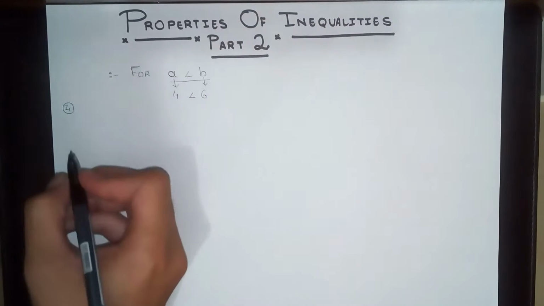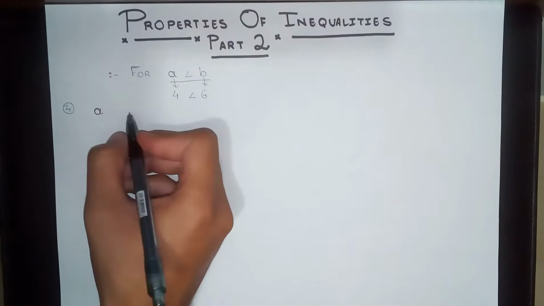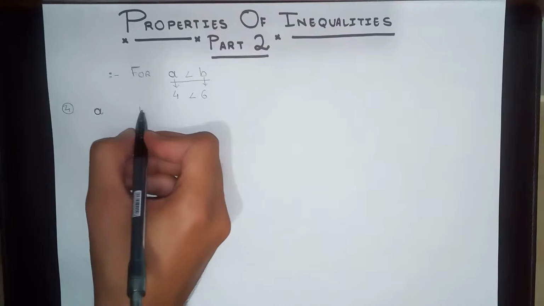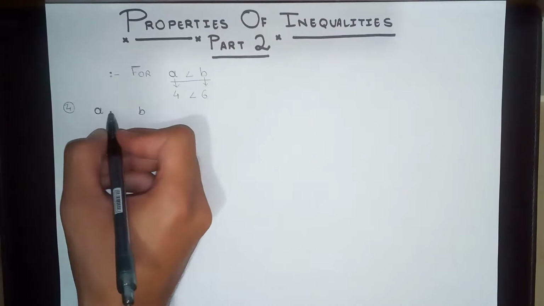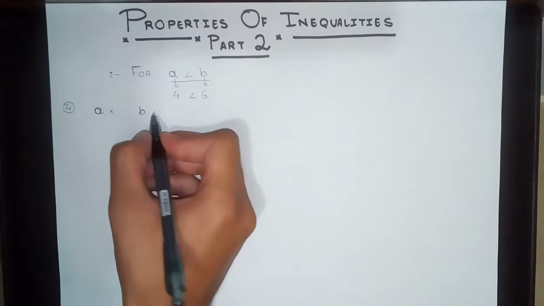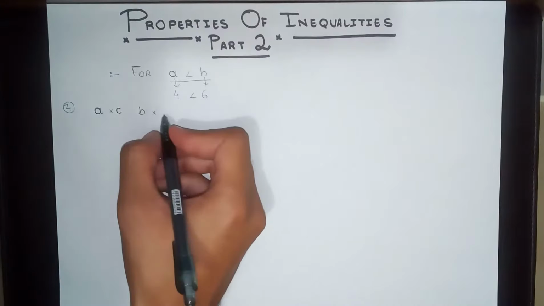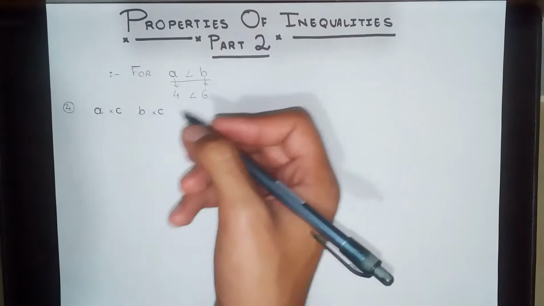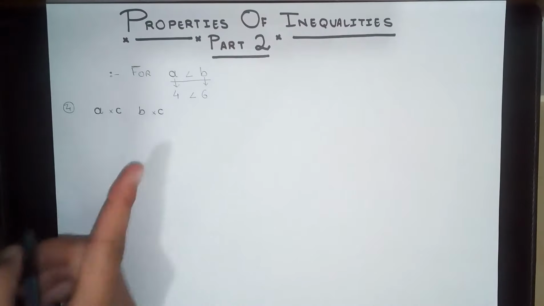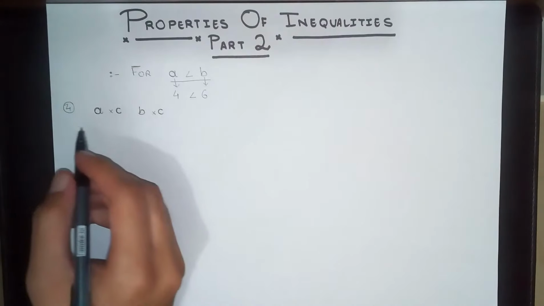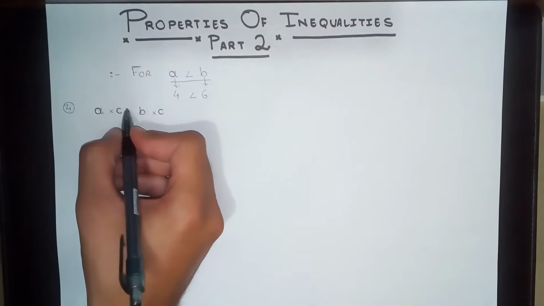Now for the fourth property, let's say we have a variable A and a variable B. Now if you multiply both of these numbers with a constant, any negative number, what are you going to get?